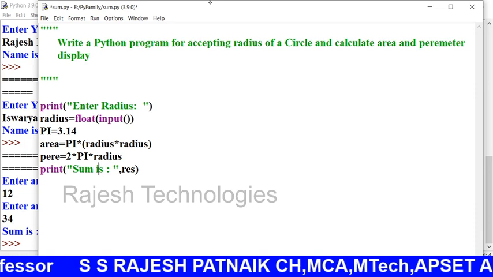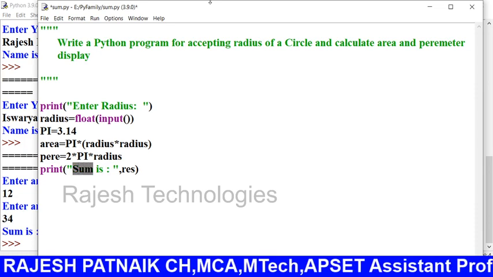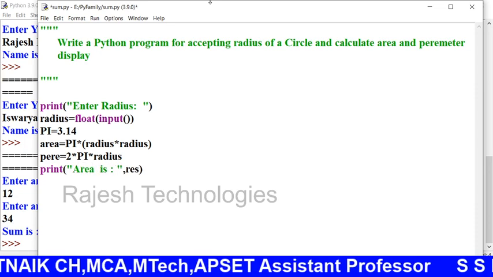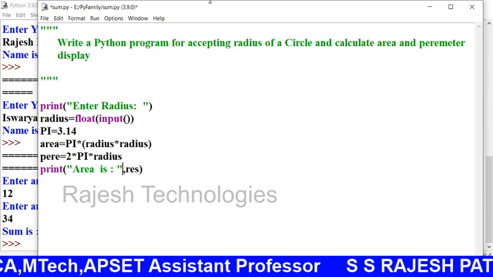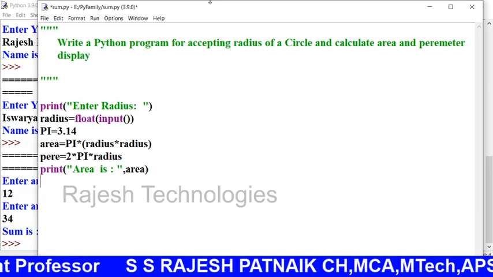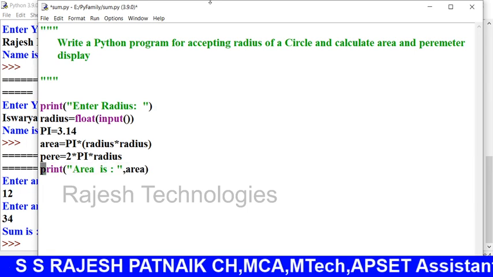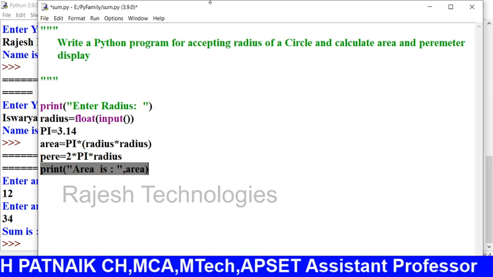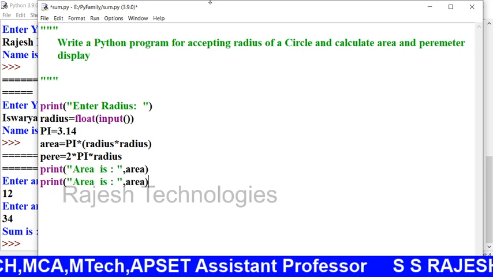Okay, then I have to print the area and perimeter. Area is, where is the area? In area variable. And then perimeter. The perimeter variable.